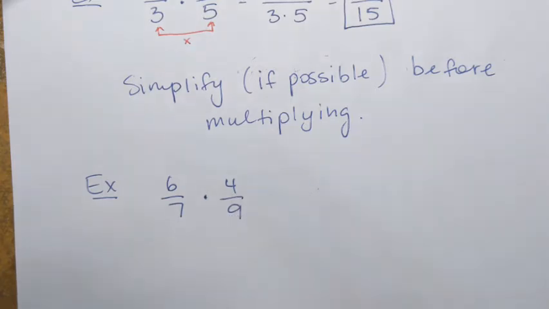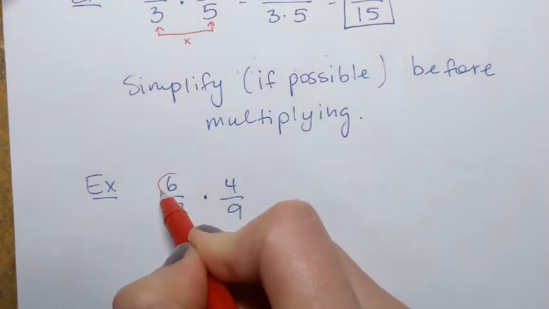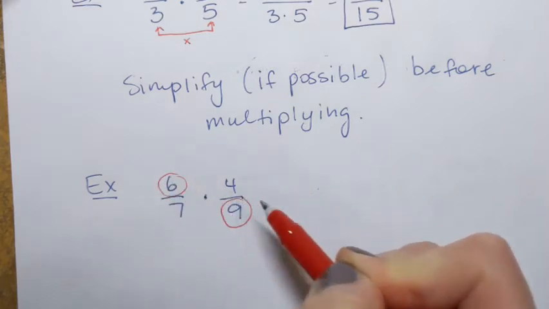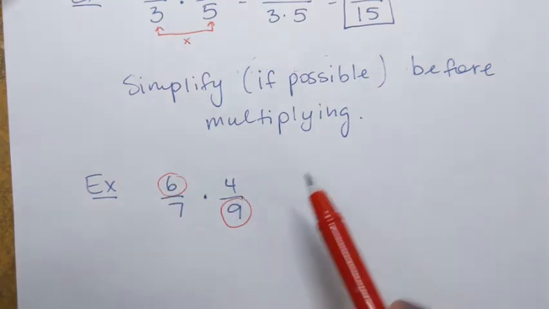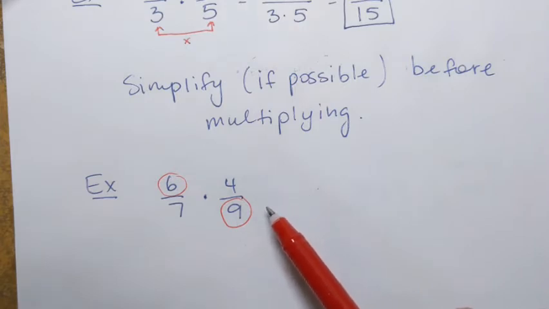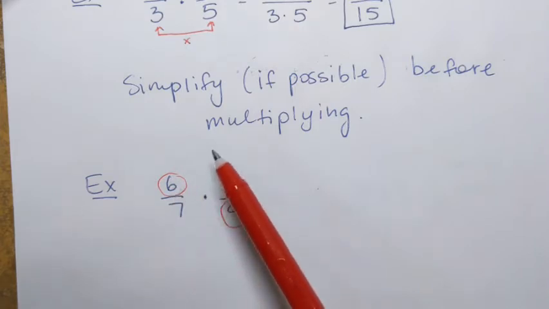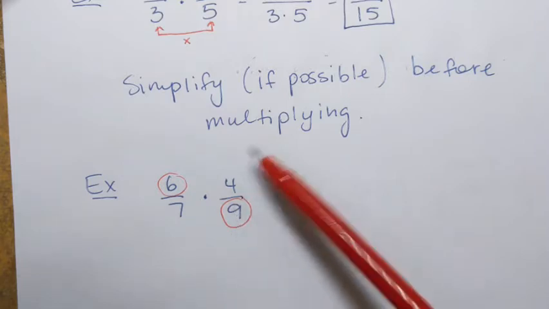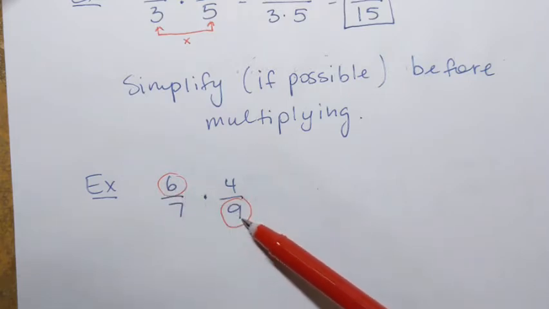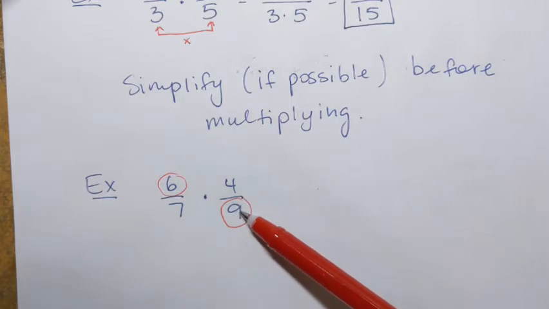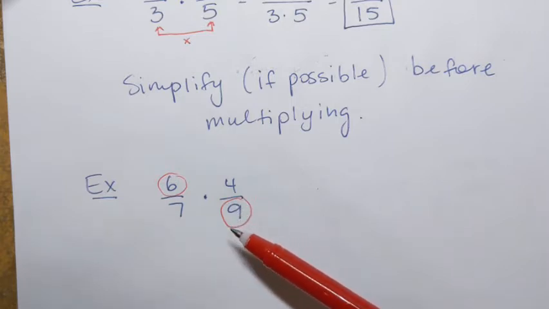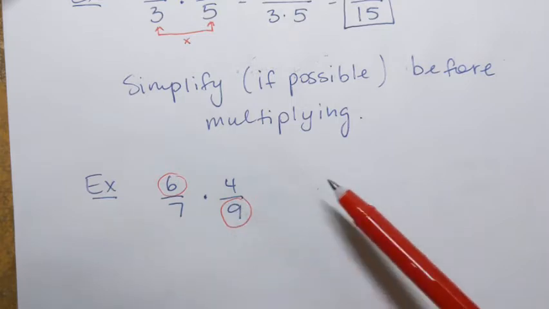The numbers I'm talking about are 6 and 9. Again, they don't have to belong to the same fraction because I will multiply them in the next step anyway. So I can pick one numerator from one fraction and a denominator from a different fraction. And the reason I circle them is because 6 and 9 both can be divided by 3, right?